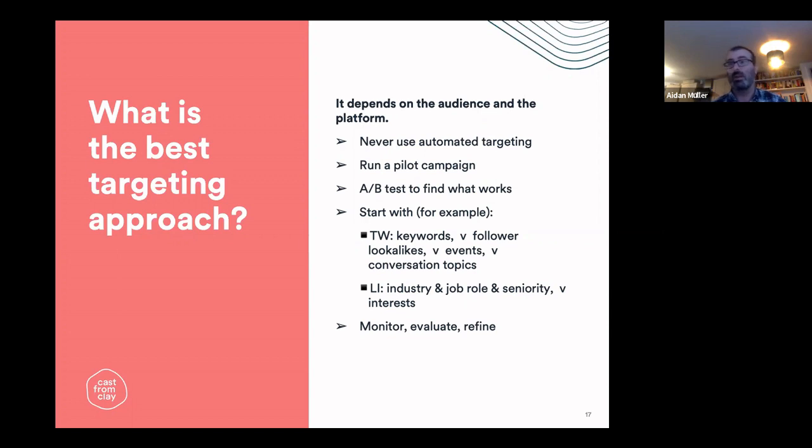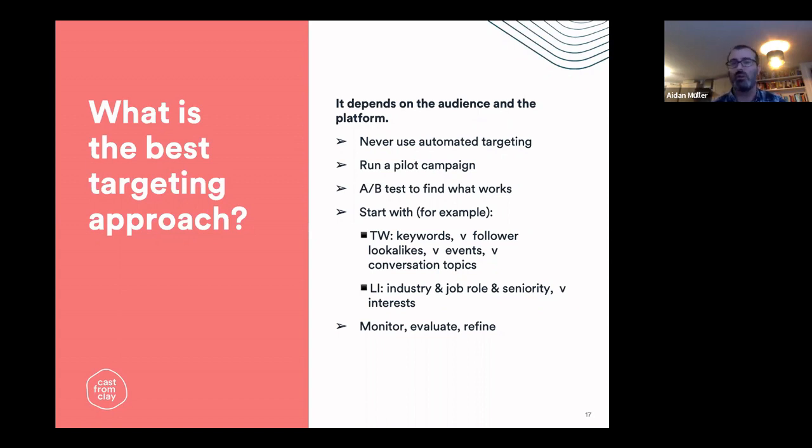That's very important. And then again, I suggest you position it as a pilot campaign. A/B test different types of targeting methods to find out what works. So start with, for example, on Twitter, comparing how targeting according to keywords performs compared to your follower lookalikes, or targeting by events or conversation topics.